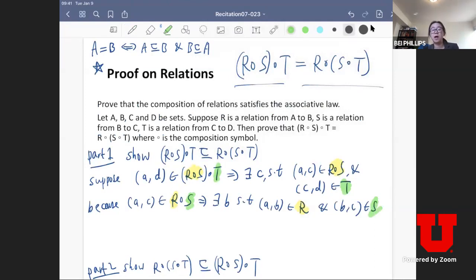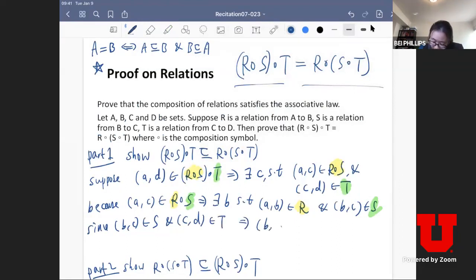This is again applying the definition of composition one more time. So now, because we have BC in S and CD in T, this implies B of D is part of the composition. This is again using the definition of composition, right? I have BC in S, CD in T. If I compose them, then I have BD in S composed with T.